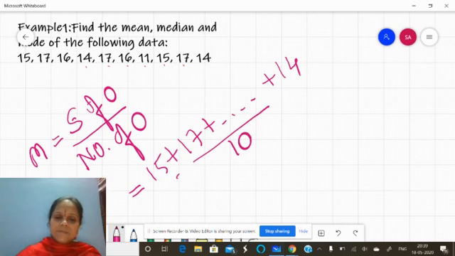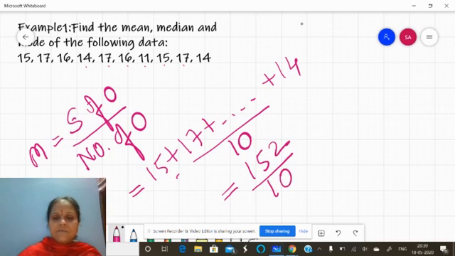In this case, the terms are 10. And when I add, I'll be getting the value as 152 by 10, which is equal to 15.2. So the mean for this particular data is 15.2.